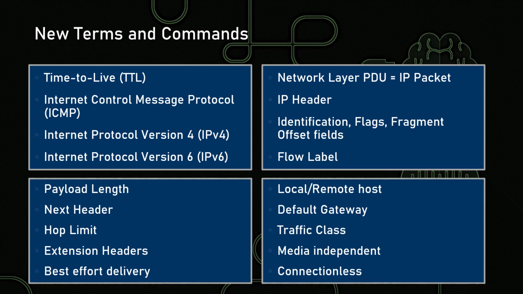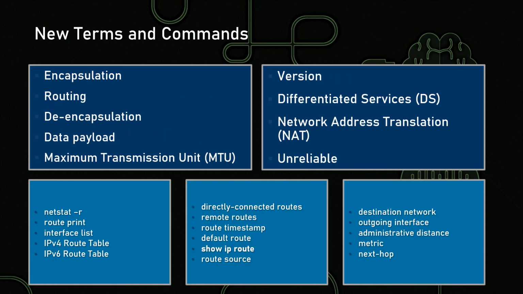So here are our new terms and commands for this chapter: time to live, ICMP, IPv4, IPv6. We can see the network layer PDU, the IP packet, the header, the ID, flags, fragment, offset fields, and other items from the IP header, flow label, payload length, next header, hop limit, extension headers, best effort delivery, local versus remote hosts, default gateway, traffic class, media independent connection, and a connectionless protocol.